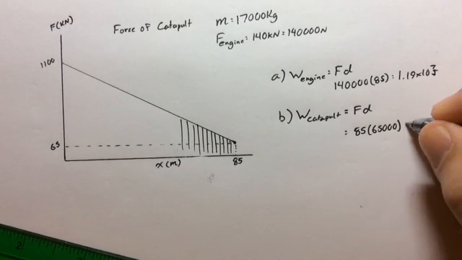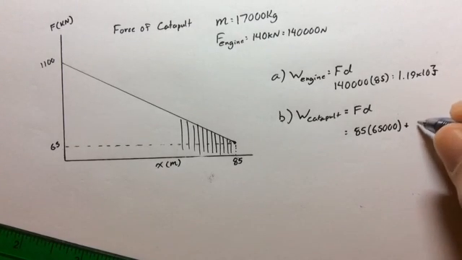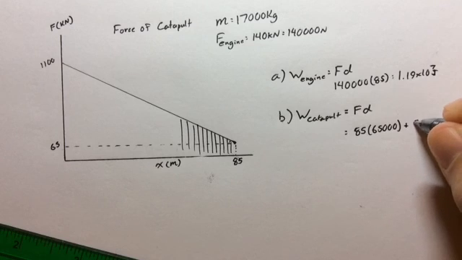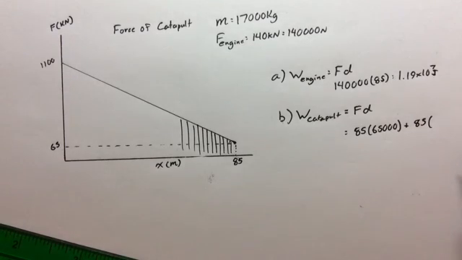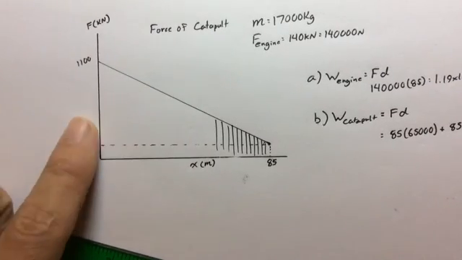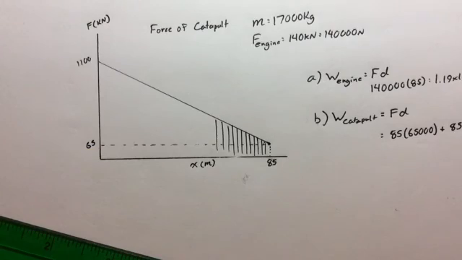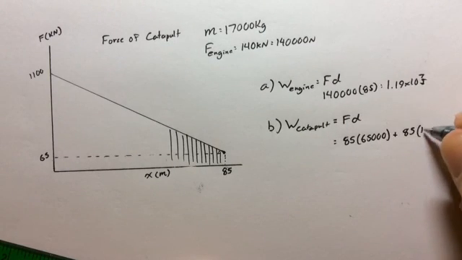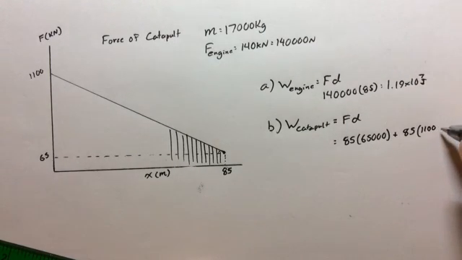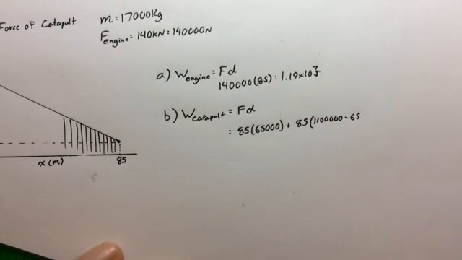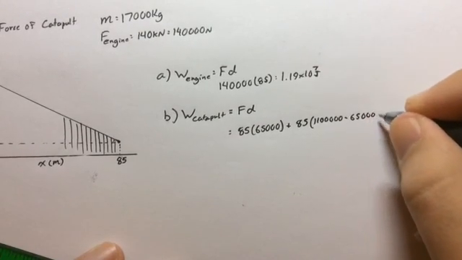So we're going to add this to the base, which is 85. And I'm going to look at the height. The height is not actually 1,100. The height is 1,100 kilonewtons, so I'm going to put 3 more zeros onto that, minus 65,000.